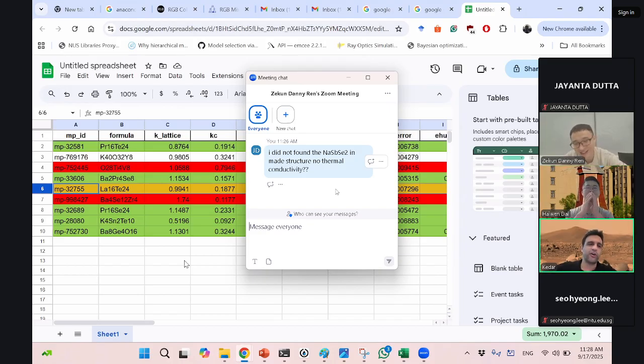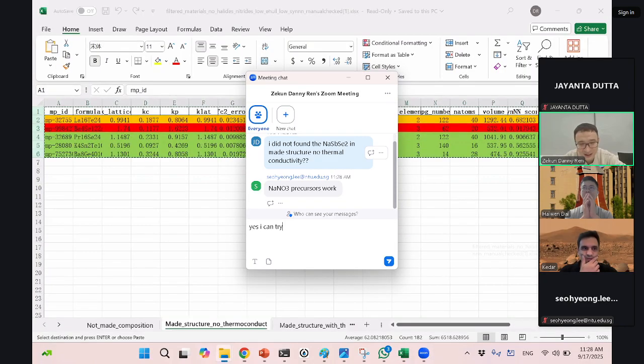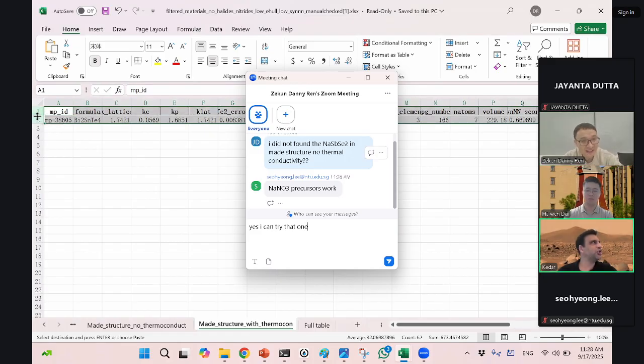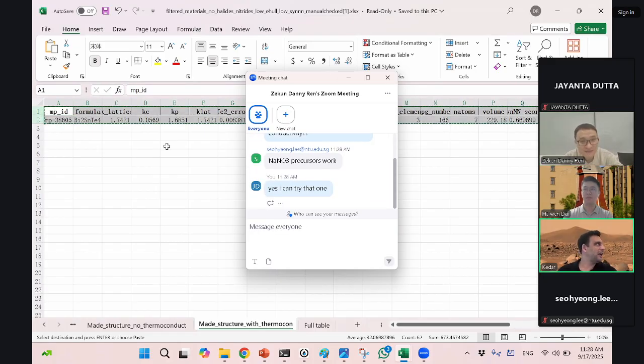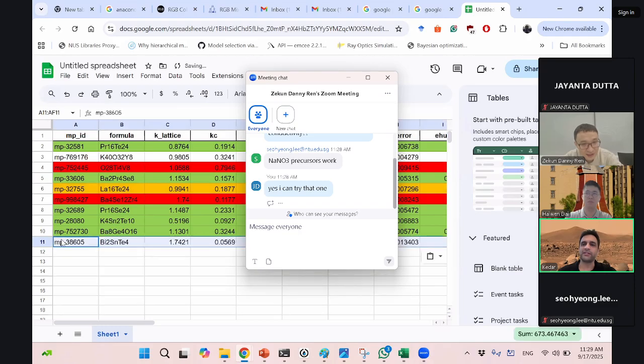Okay, then I bring back the sodium. Actually, I removed sodium because I was under the impression that it's hard to get sodium precursors. But we use sodium nitrate, NaNO3, that's quite easy to put into synthesis. Exactly, and we're comfortable with them. We have some experience using them, so that's a good sign.